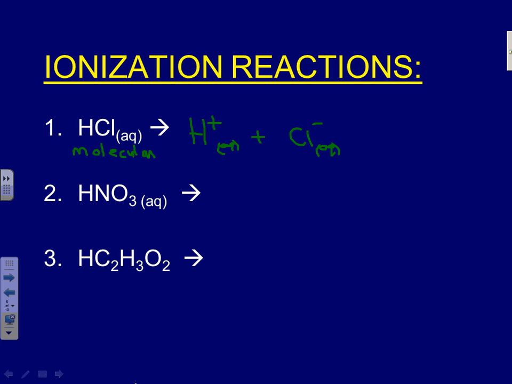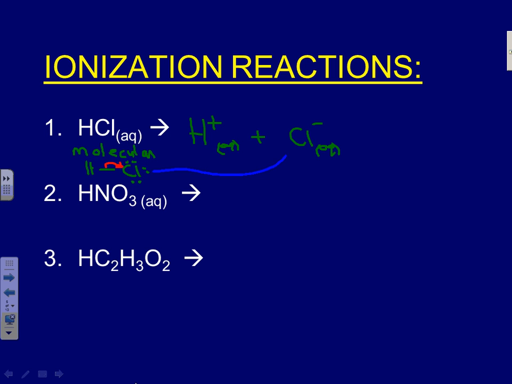Let me illustrate what's happening in this reaction. We have an H that's bonded to the Cl. There's its molecular structure. When it goes into water, this pair of electrons leaves the H and goes to the chlorine. That's going to give chlorine all 8 of these electrons. When chlorine has all 8 of the electrons, it becomes chloride.